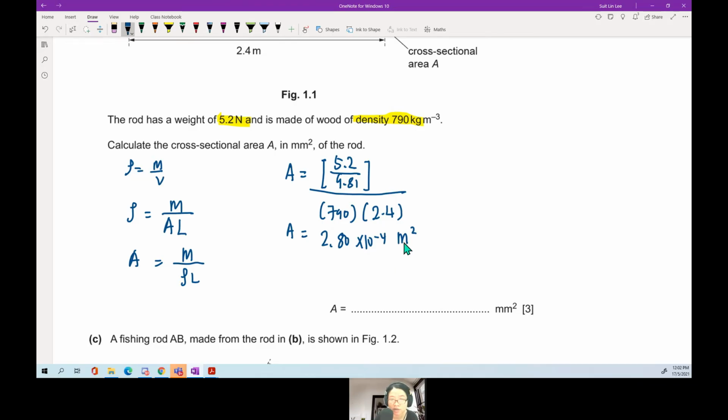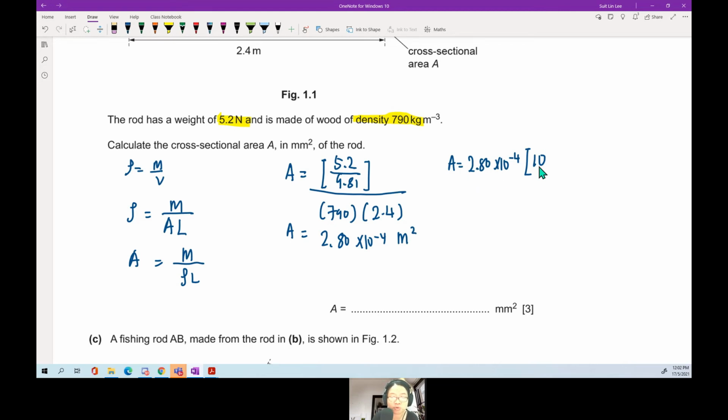So if you want to convert meter to mm, think about millimeter. Millimeter is 10 to the power of -3. But you don't want to change the value, right?